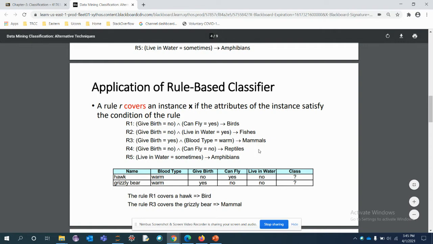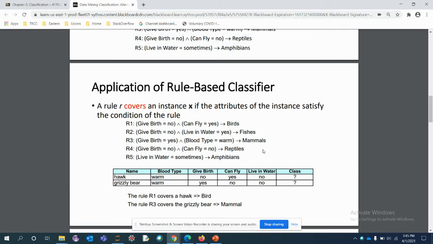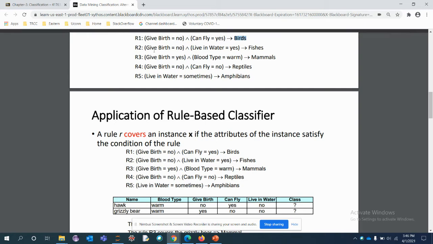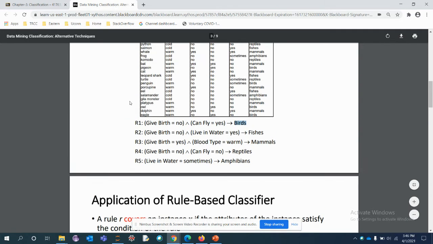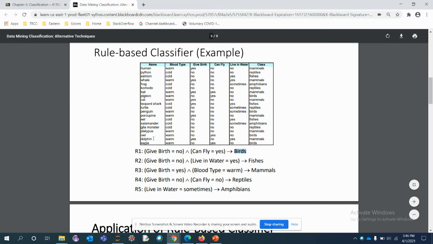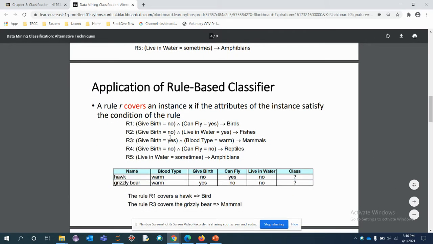So here in this slide, as you can see, a given rule R can cover an instance if the attributes of the instance satisfy the given rule. So if we consider all the rules that we saw in the previous slide, and the attributes of two vertebrates, that is hawk and the grizzly bear.